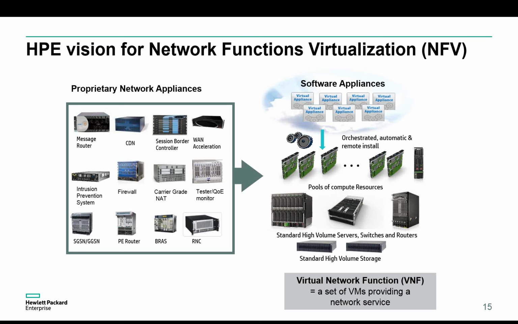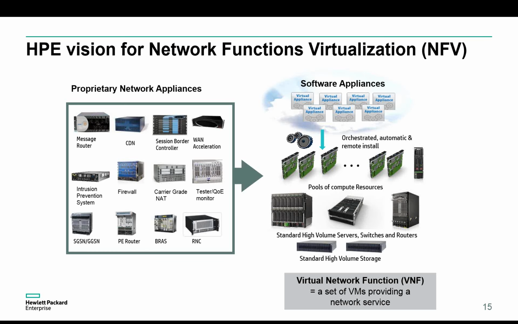One of the intermediate steps for network functions virtualization, which is one of these capabilities for enabling fabric management, is this evolution, this shift from dedicated hardware-based proprietary network appliances to a paradigm where we can deploy software-based network functions as appliances on a hypervisor.